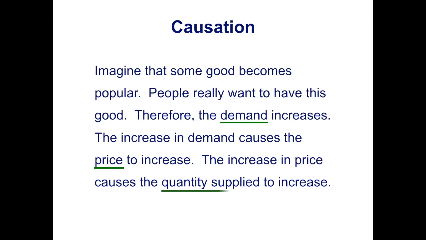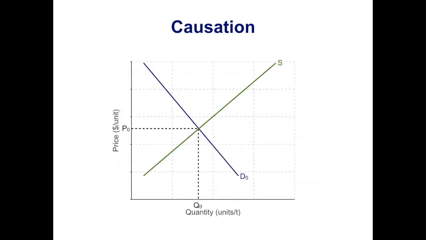And the increase in price is going to cause the quantity supplied to increase. Notice the terminology that we are using here, and notice the order of causation. Demand, price, quantity supplied.